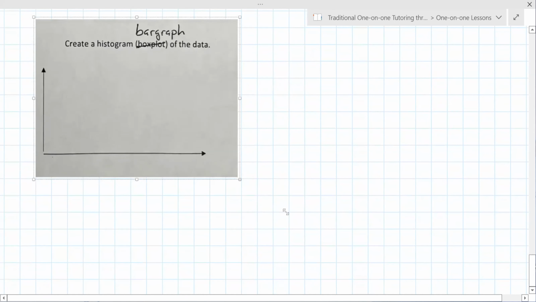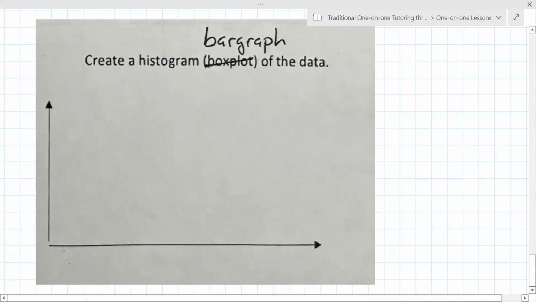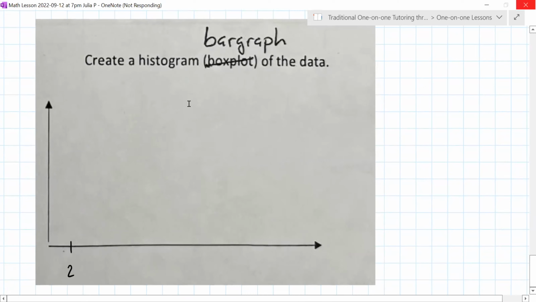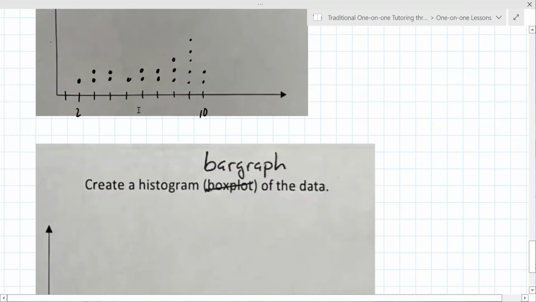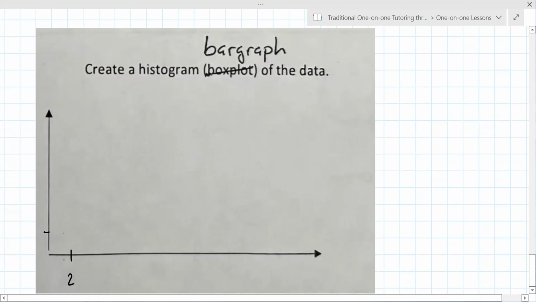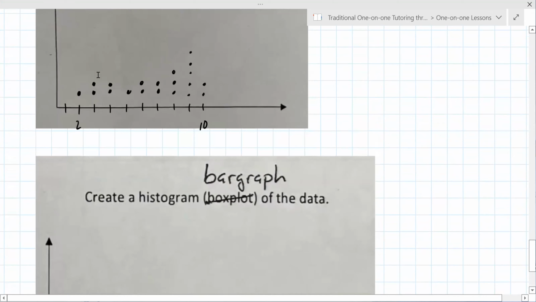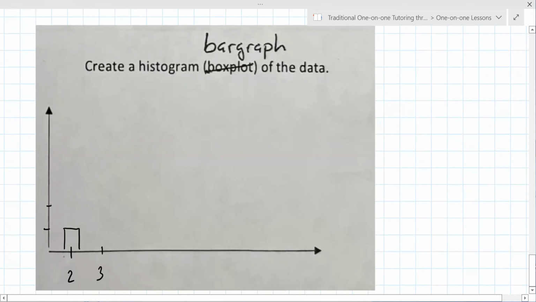So you have one for 2, and, what did we say here? Sorry, it's glitching a little bit. There's only a height of 1, so your bar would go up to 1 for that one. And for 3, you got 2 3s, so we'll go up to 2 there.